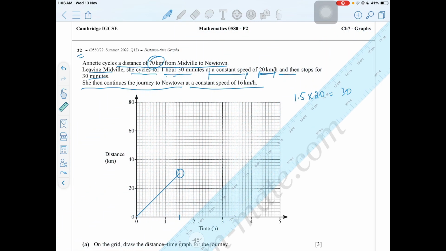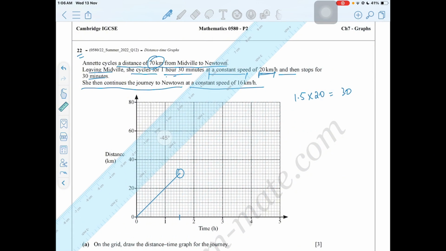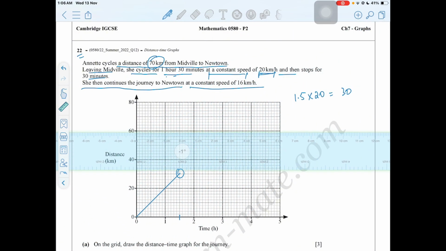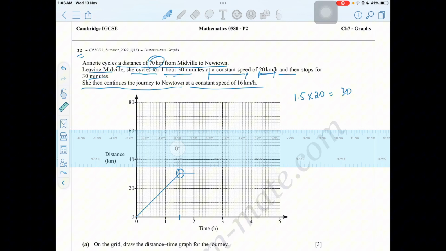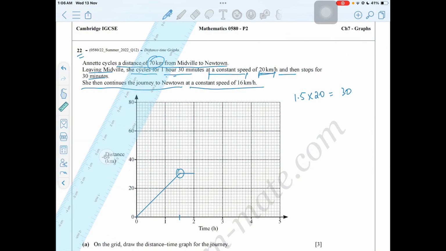Then she stops for 30 minutes, which means she stays still. Then she continues the journey to Newtown at a constant speed of 16 kilometers per hour.